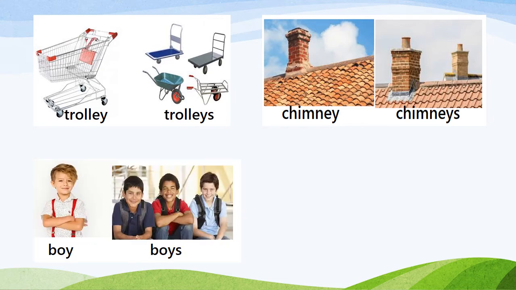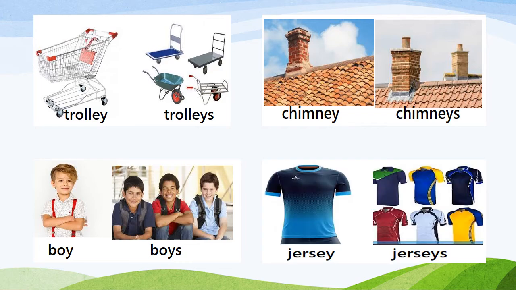Boy. Boy ends with Y and the letter before Y is O. So when we change it into plural, we add S and it becomes boys. Jersey. Jersey is also a word which ends with Y and the letter before Y is vowel.